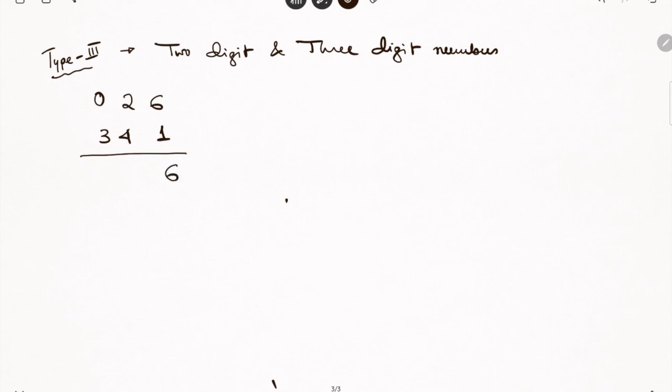So now we follow the same process as we followed in case of 3-digit numbers. So 6 into 1 will give us 6, 2 into 1 plus 4 into 6 will give us 26. So we write 6 and carry 2.